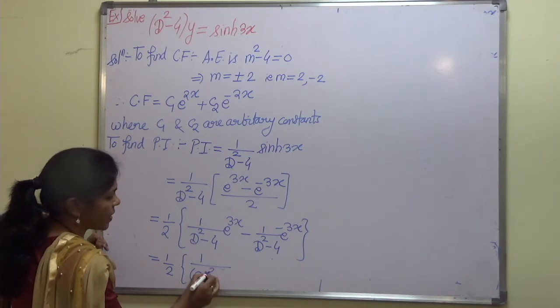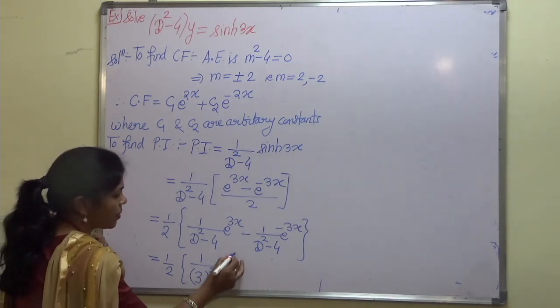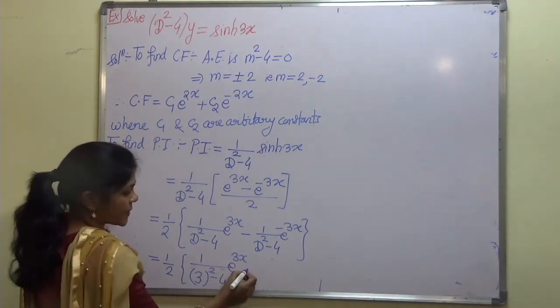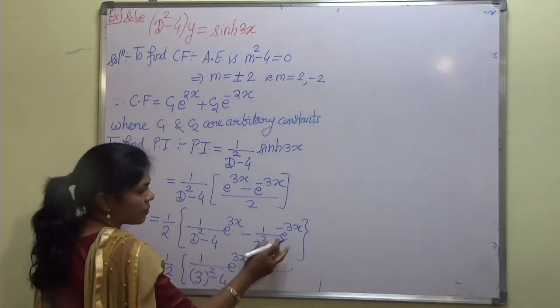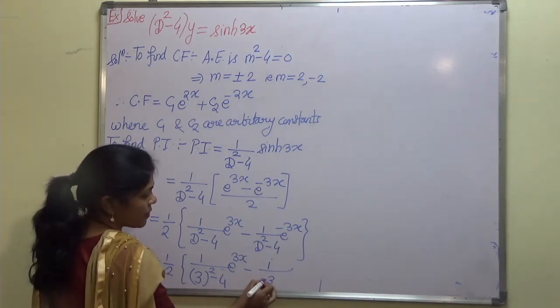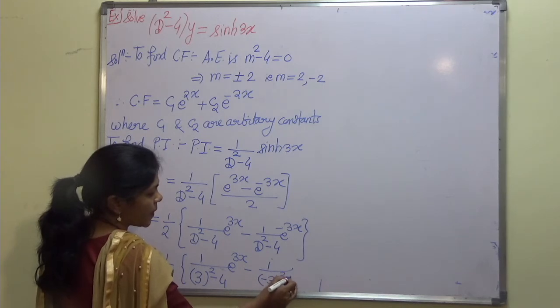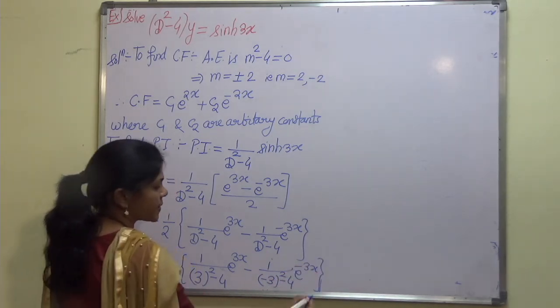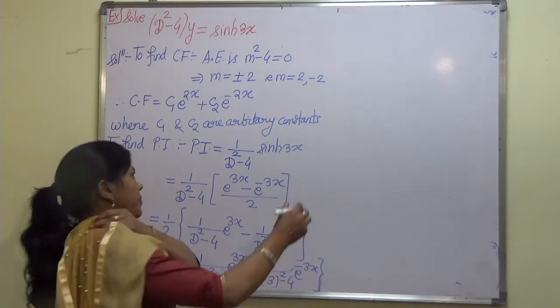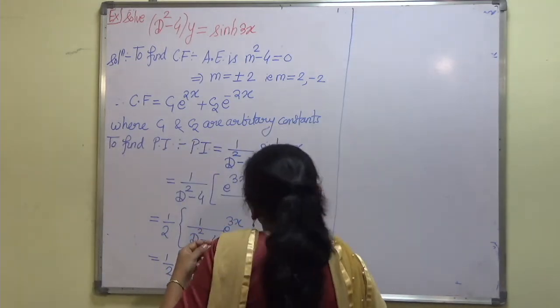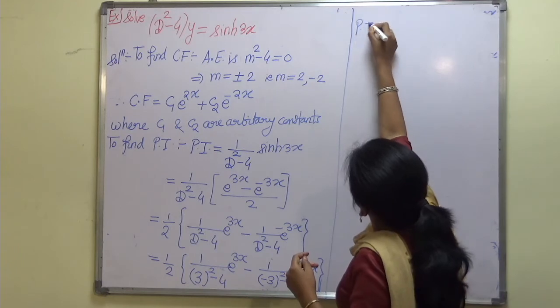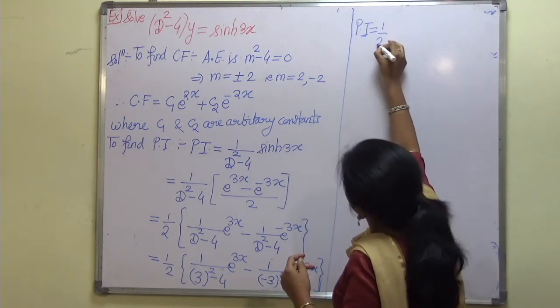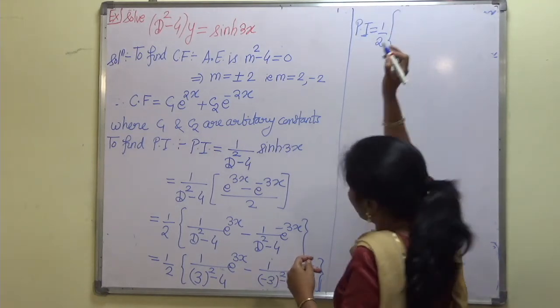So 3 square minus 4 operating on e raised to power 3x minus, in the second term, a is minus 3. So minus 3 square minus 4 operating on e raised to power minus 3x. Now simplify. So you will get particular integral is equal to 1 by 2 completely outside.